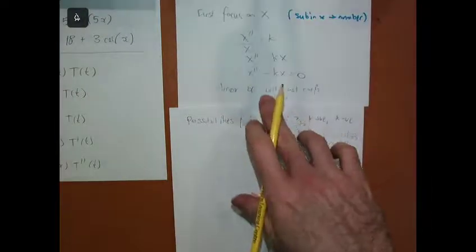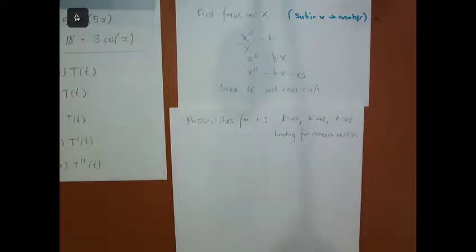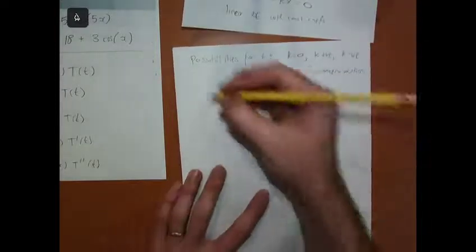And the other thing is that I know that x being 0 will work perfectly well. 0 minus k times 0 is totally 0, double dashed is still 0, so I don't need the 0 solution because I've already got it. Okay, I'm going to run through each of these possibilities.